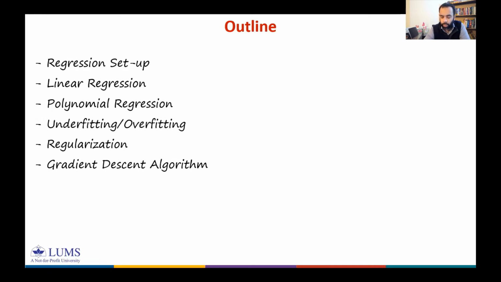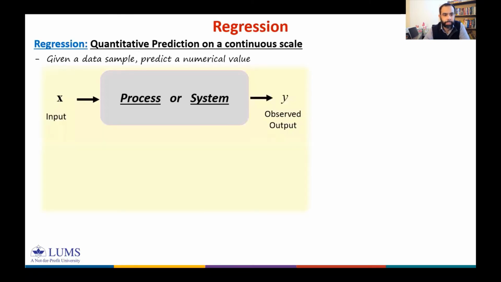Okay, let's start with what we mean by regression. So regression is a quantitative prediction on a continuous scale. We have seen this before very briefly in the, I think, second module of the course, but here we will formally set up.